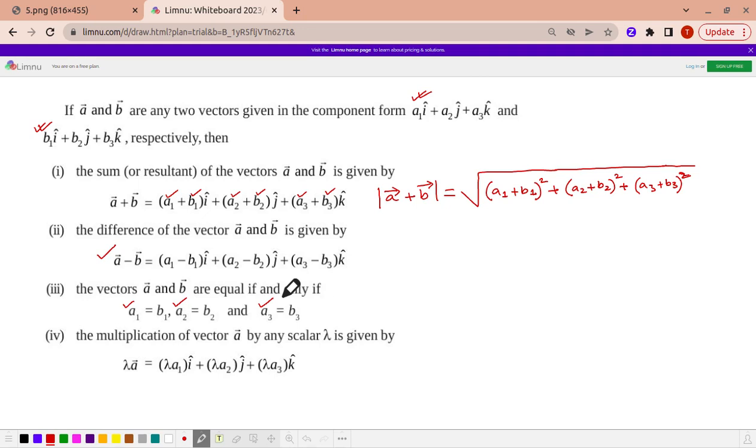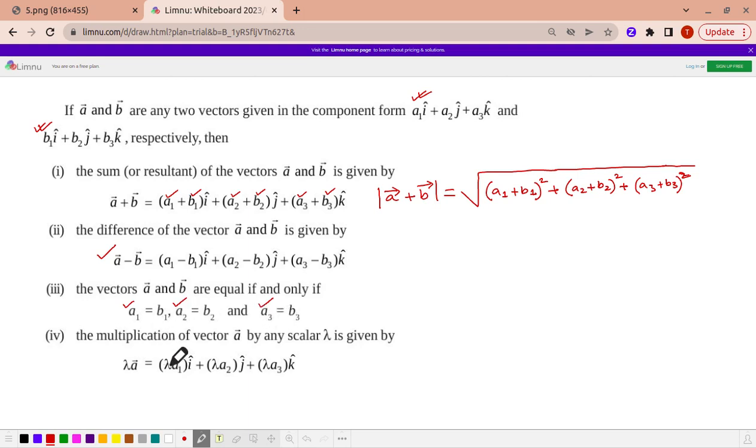Similarly, the j component of the vector a, that is a2, is equal to the j component of the vector b, that is b2, and a3 equal to b3, that is, the k component of the vector a is equal to the k component of the vector b.